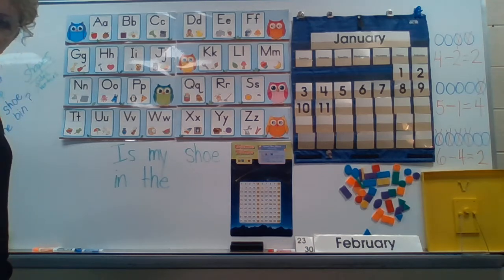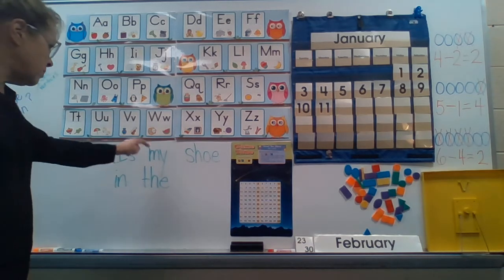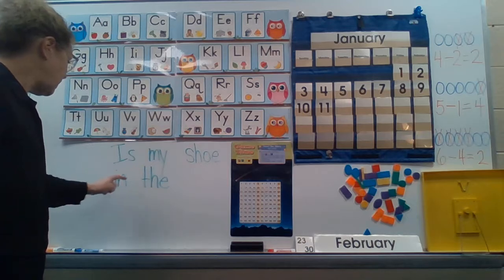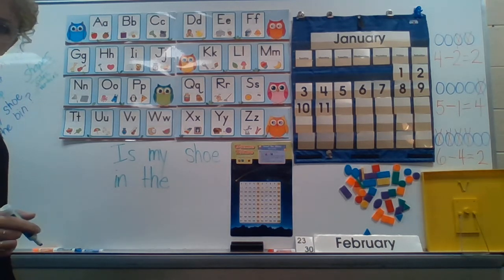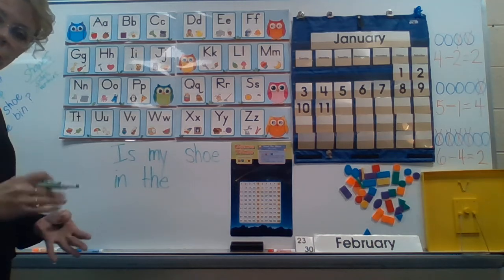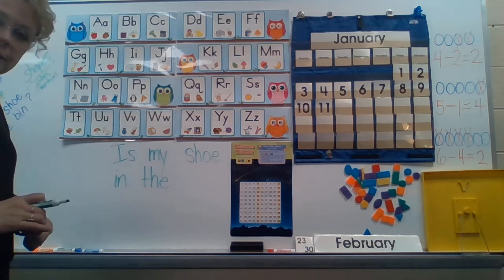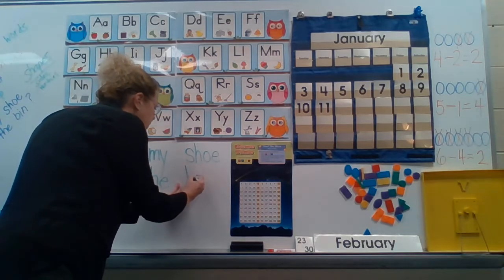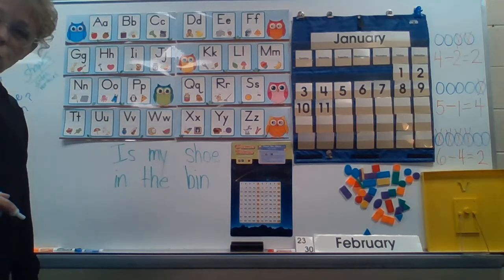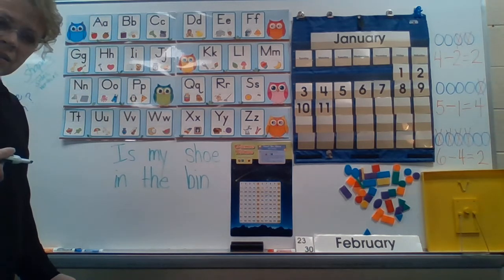Did you leave a nice space? Is my shoe in the? Then I need my IN word, bin. So I know it ends in IN, but what does it start with? B. So I'll leave a nice space and write bin. Is my shoe in the bin?